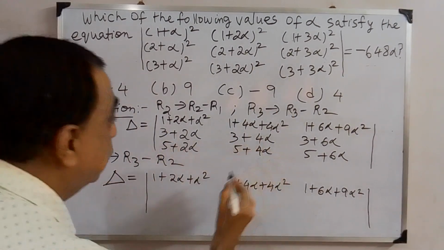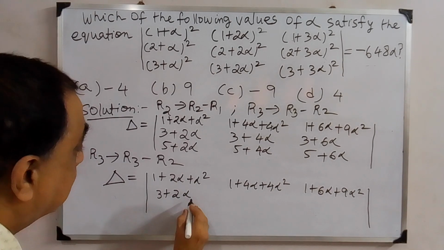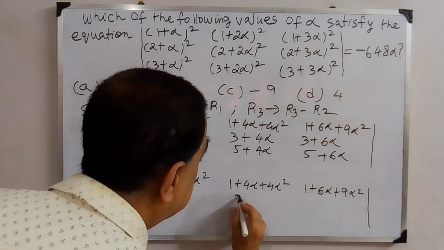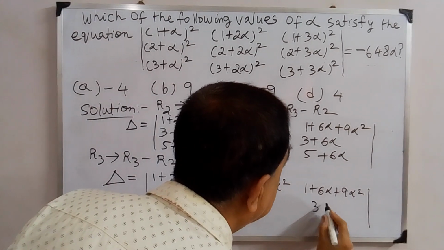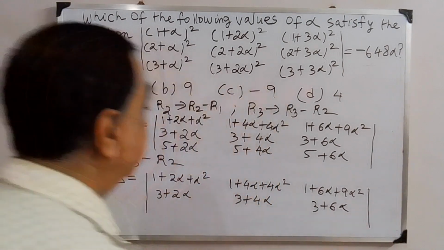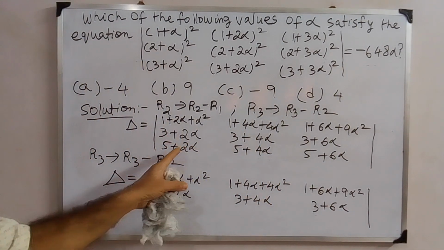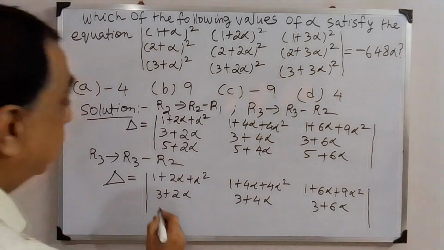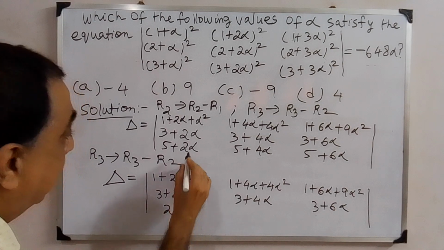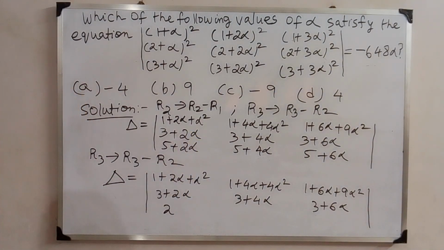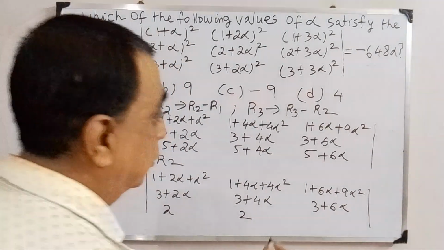Row 2 also I am not changing, so I copy it as it is: 3 plus 2 alpha, 3 plus 4 alpha, and 3 plus 6 alpha. Now subtract row 2 from row 3. So 5 minus 3 is 2, and 2 alpha is cutting out. 5 minus 3 is 2, 4 alpha is cutting out.